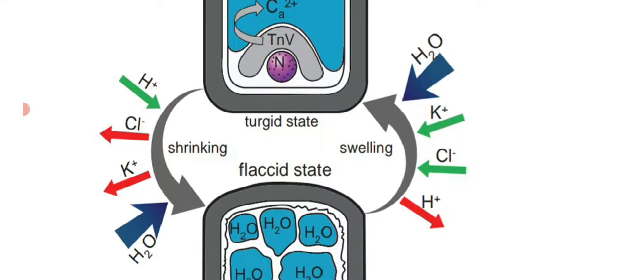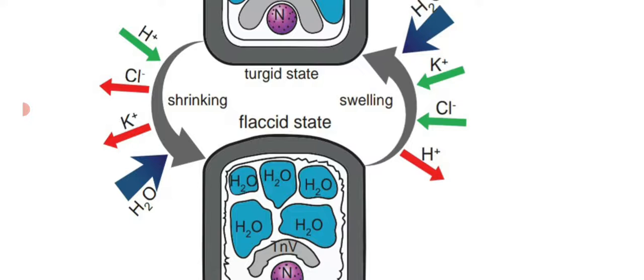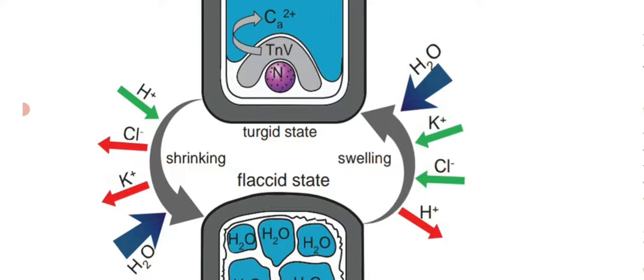So how does it take place? That means more hydrogen ions are added. Chlorine and potassium ions are liberated outside. Once again, if you add the water molecules, which are shown by the blue color arrow mark, the cell becomes flaccid. Then the hydrogen contents are released outside, and chlorine and potassium ions and water are added.